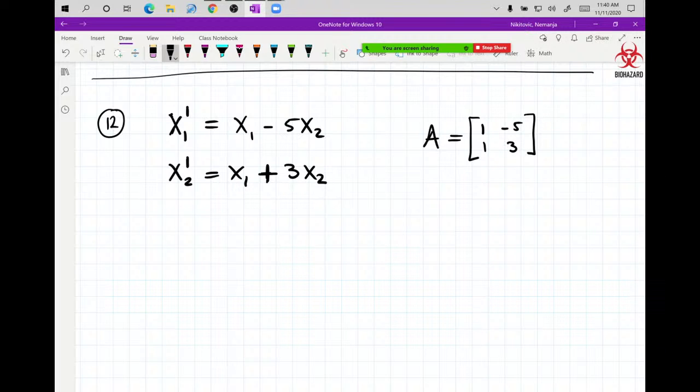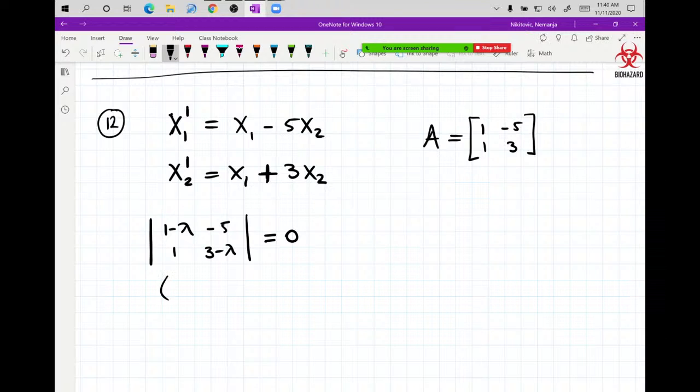And let's see if that gives us complex. If not, I'm just going to abandon it and try the other problem. So we have the determinant of 1 minus lambda, negative 5, 1, 3 minus lambda, and that needs to be equal to 0.